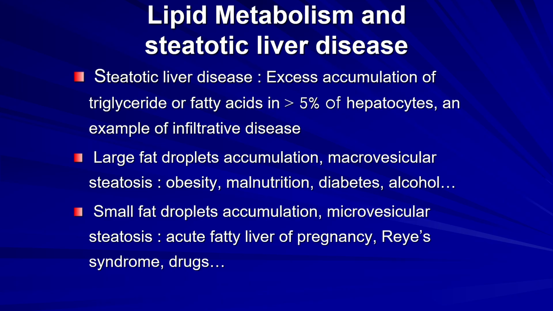This is typically a condition that children develop when they have influenza and when they take aspirin to bring down their temperature. They could develop microvesicular steatosis, and it is seen sometimes secondary to medications such as tetracycline and valproic acid. Microvesicular steatosis is usually an acute, potentially life-threatening emergency that could lead to acute hepatic failure.